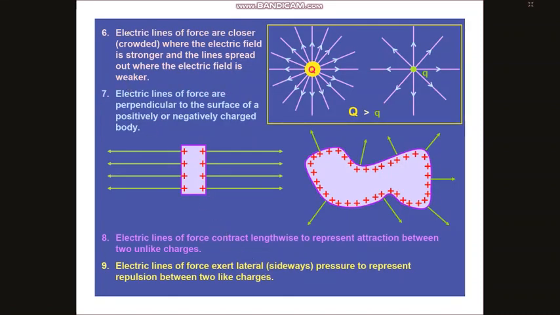Sixth, electric lines of force are closer where the electric field is stronger and the lines are spread out where the electric field is weaker.